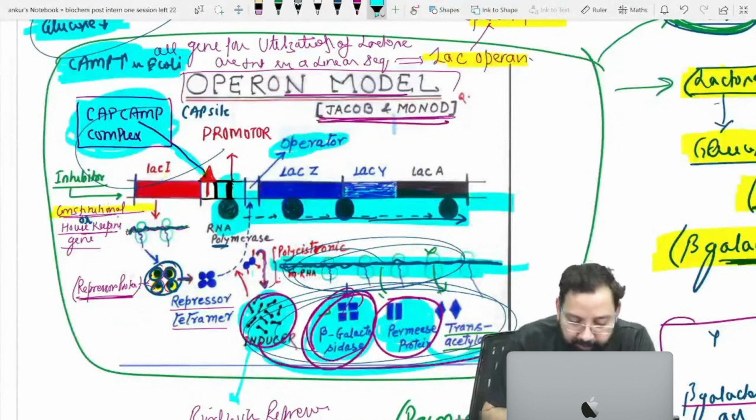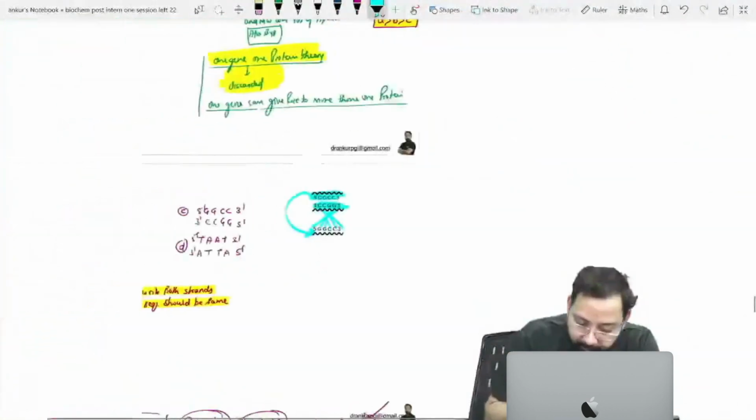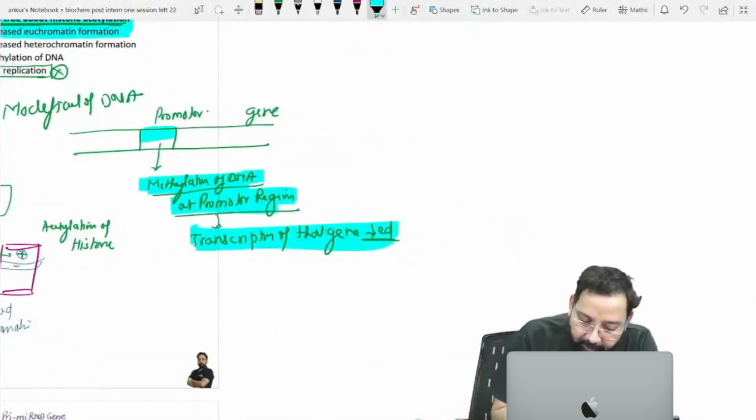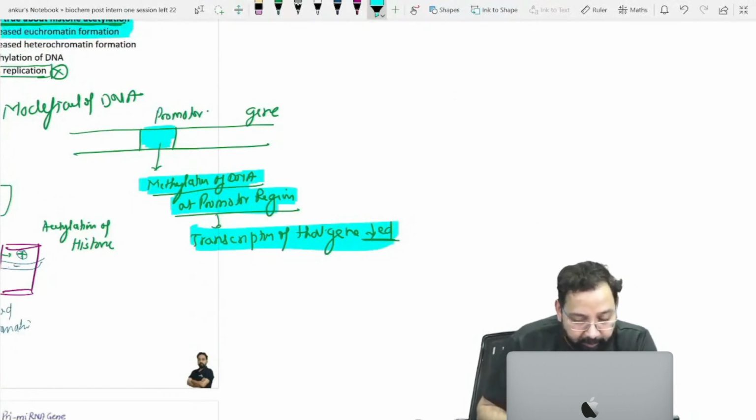If methylation occurs at the promoter region, this RNA polymerase will not be able to attach and synthesize messenger RNA. This gene will not be transcribed. So methylation of DNA decreases transcription.